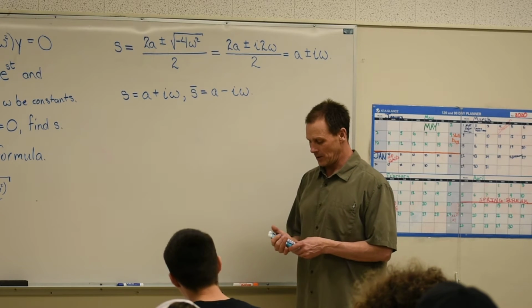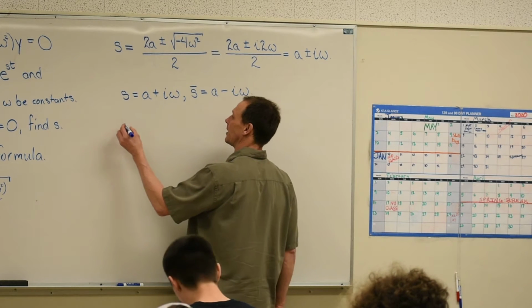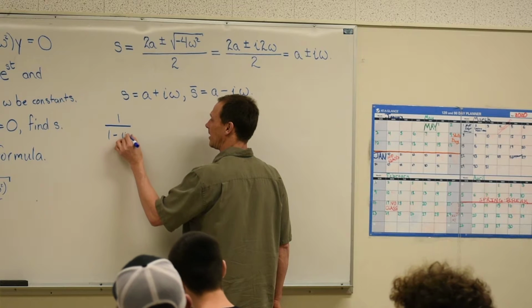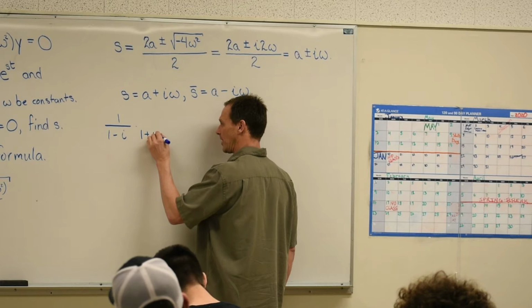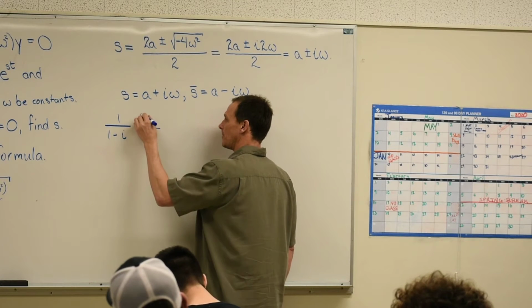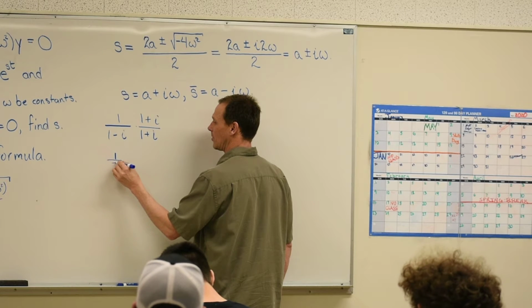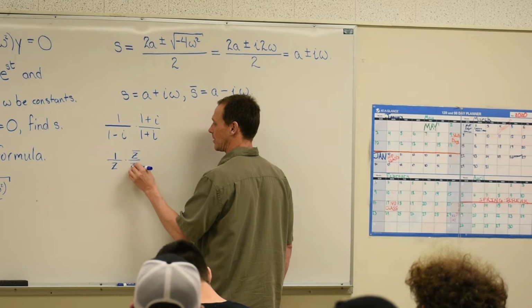However, if you're dealing with a problem like 1 over 1 minus i, then its conjugate would be 1 plus i. And so you might have seen the problem written as 1 over z times z bar over z bar.